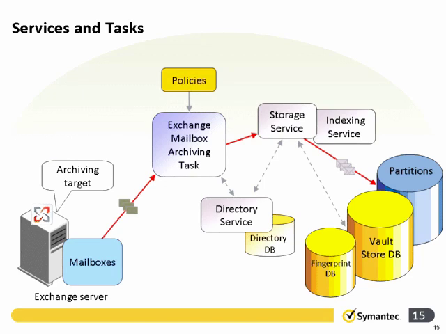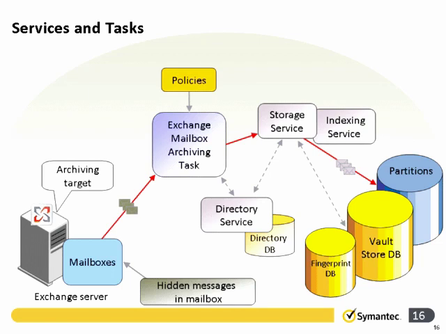So the Exchange mailbox archiving task will do that in conjunction with the storage service, and it'll actually store those items, as we talked about earlier when we did the fingerprint example in a previous lesson, to the Vault Store partitions and make the correct entries in the directory database, fingerprint database, and Vault Store database.